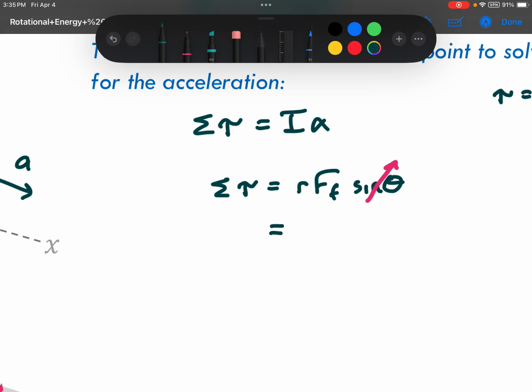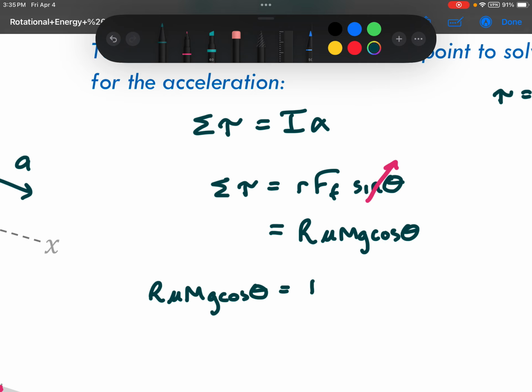Putting in specifics, capital R, and then the force of friction we had discussed last video, mu mg cosine theta. All right, so this whole thing is the net torque. Now we're going to set this equal to I alpha. So R mu mg cos theta equals I alpha.